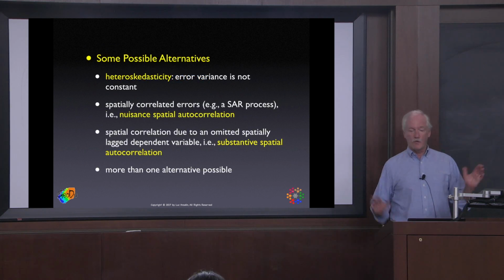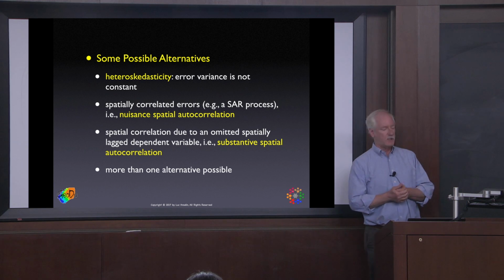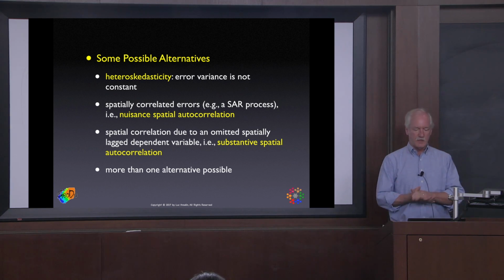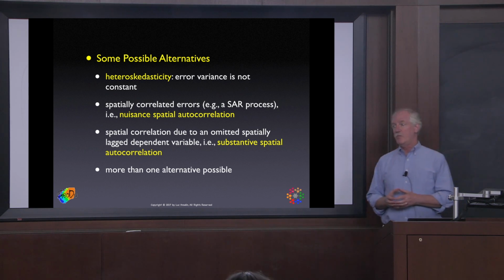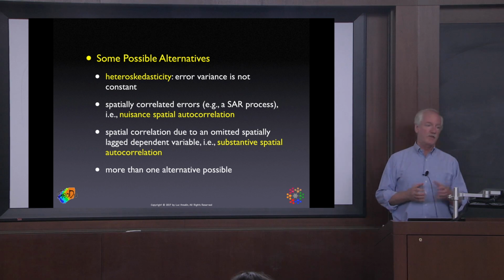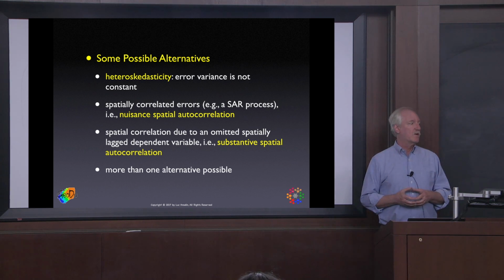So what can go wrong? The error variance is not constant. That's called heteroscedasticity. The errors are spatially correlated. We're omitting true spatial interaction. The problem in practice is that obviously more than one of these misspecifications can be present.